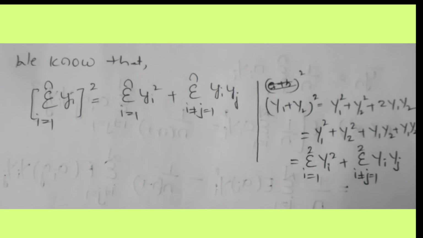So that equals summation i ranges 1 to 2 yi square plus summation i not equal to j, 1 to 2, yi yj. The similar term we can convert to n value. So summation i ranges 1 to n yi whole square is equal to summation i ranges 1 to n yi square plus summation i not equal to j, 1 to n, yi yj.